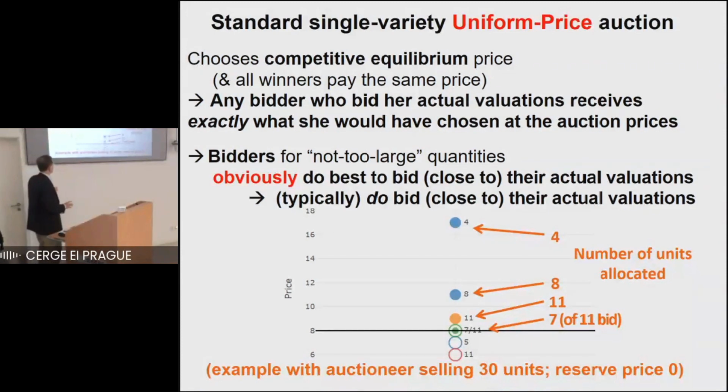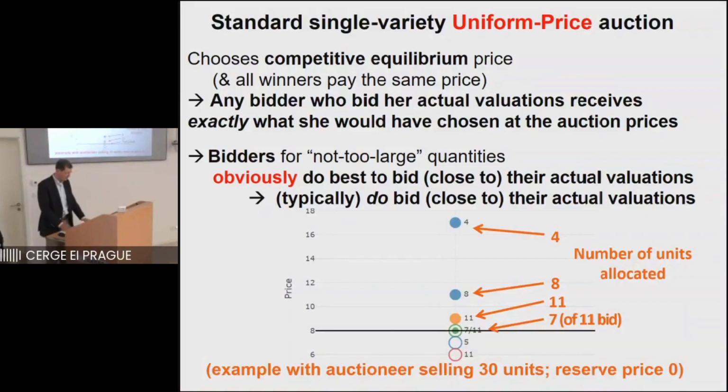But anyone who is far away from the actual equilibrium price can't gain. Anyone who is tiny, just bidding for 1 or 2 units, is very unlikely to affect that price, is very unlikely to be marginal, and so won't be able to gain. And so not only can they not gain, but it's obvious that they can't gain or can't gain much.